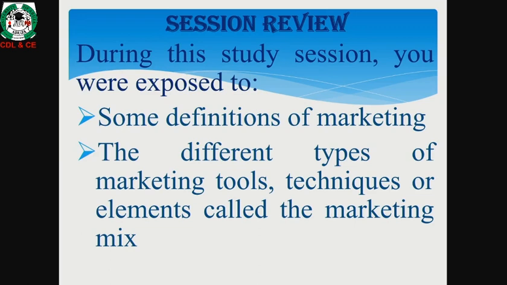The right blend, the right mixture, the right combination of these 7 P's will give a business the strategic advantage to remain competitive, to continue to create satisfaction, to remain in existence, and then to survive, to grow, and to expand. Thank you very much.